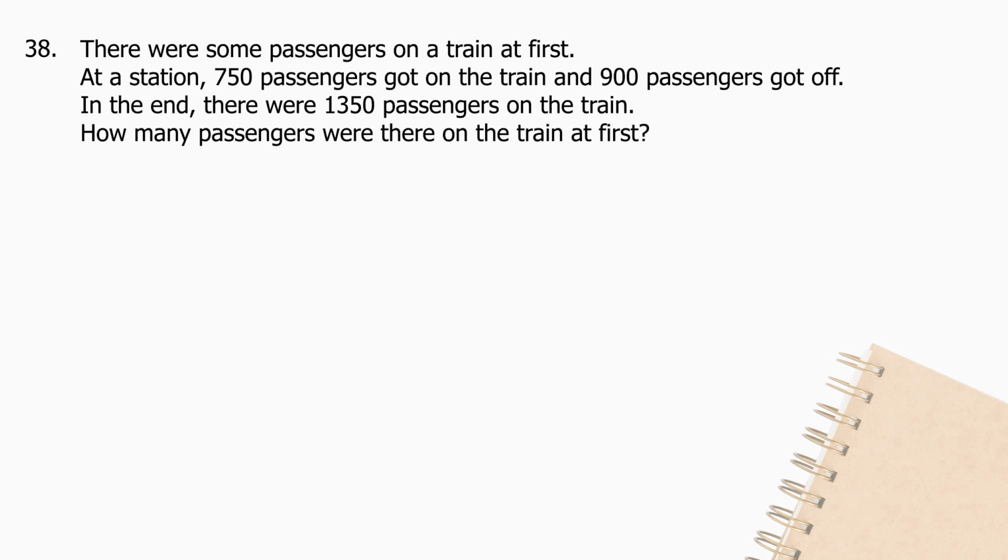Question 38. There were some passengers on a train at first. At a station, 750 passengers got on the train, and 900 passengers got off. In the end, there were 1,350 passengers on the train. How many passengers were there on the train at first?